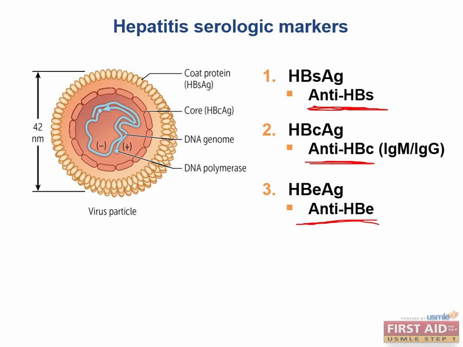Important to note is that we cannot measure the core antigen in the bloodstream, but we can measure the antibodies to the core antigen, and we can distinguish them if they are IgG or IgM. And this will give us an idea if the hepatitis B virus infection is either chronic or in acute stages.